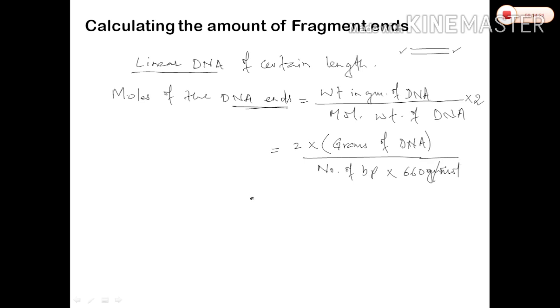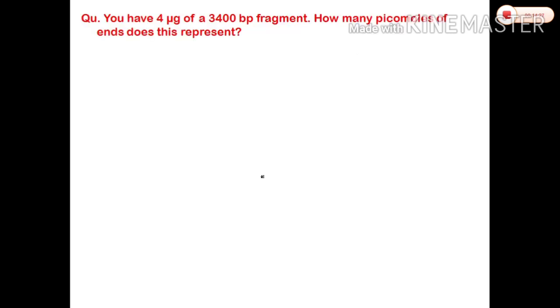By using this formula we can calculate. So let us have an example. You have 10 microgram of a 3400 base pair fragment. How many picomoles of the ends does this represent?